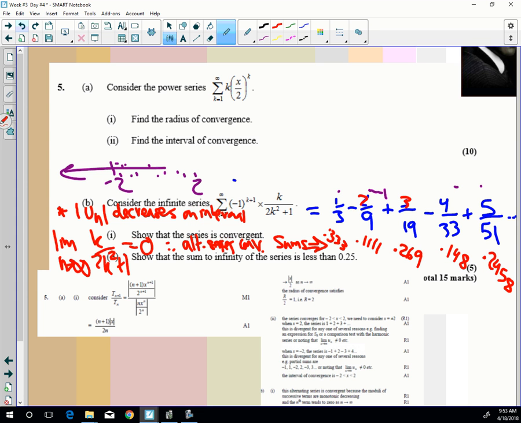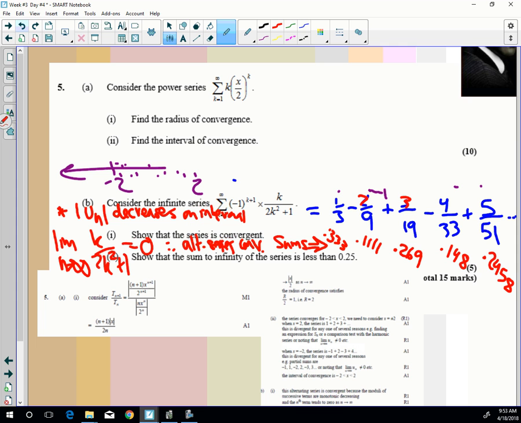And then the last part here, it says show that the sum to infinity of the series is less than 0.25. I thought this was a little weird, but you have your calculator on this. They took 1/3, found the sum. 1/3 minus 2/9, found the sum. 1/3 minus 2/9 plus 3/19, found the sum. And they just kind of listed these.